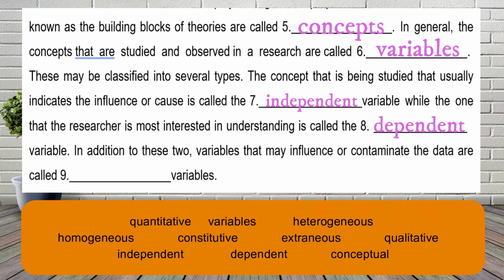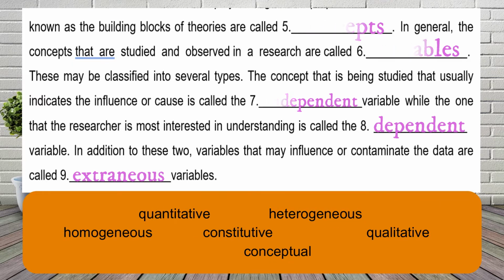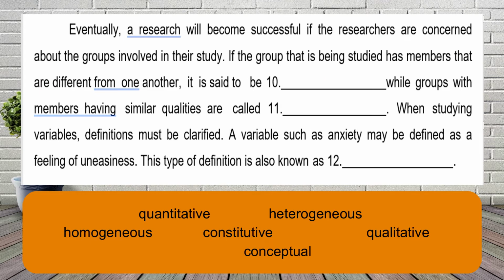In addition to these two, variables that may influence or contaminate the data are called the ___ variables.